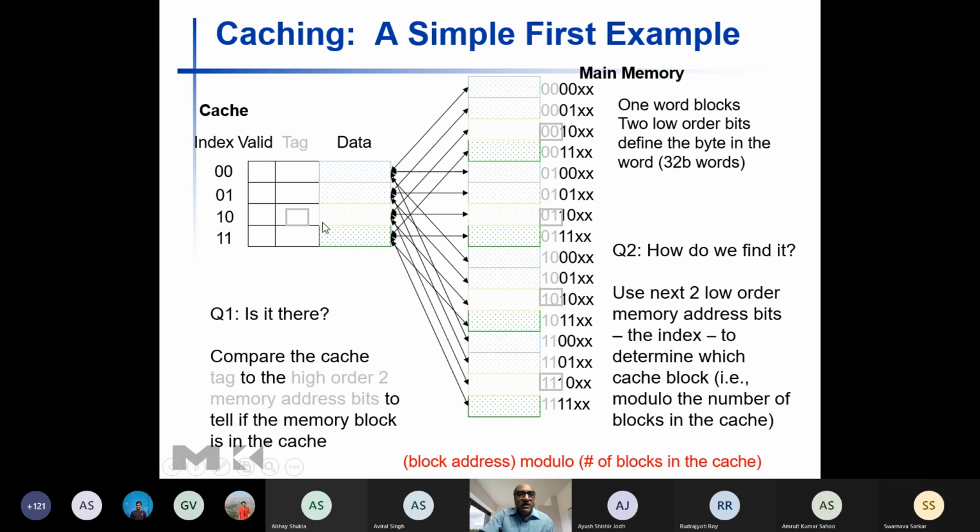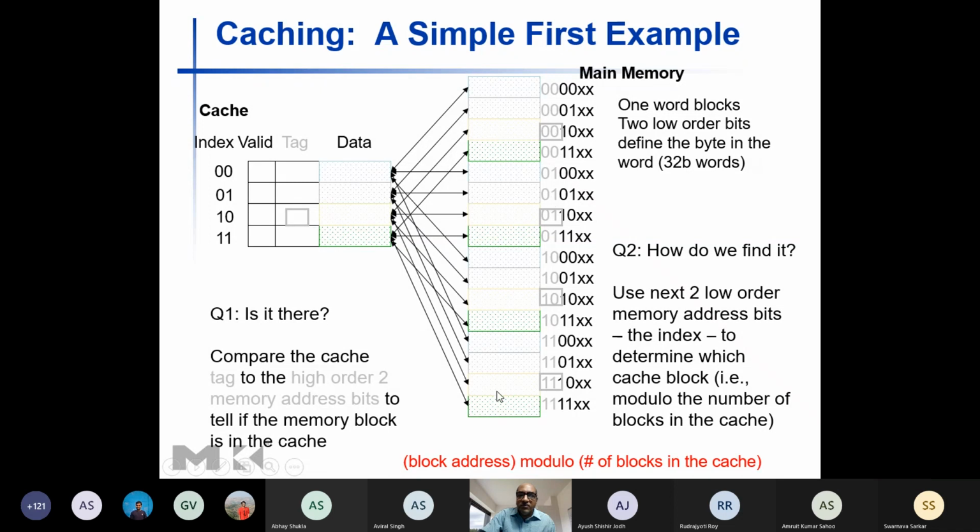That way the tag bits are used to resolve whether the word required by the CPU is present over here or not. And these 2 bits are used to index: the moment you know the 10, it directly goes to all the words that start with 10. They will be targeted to only this location, but there are 4 such possible words.